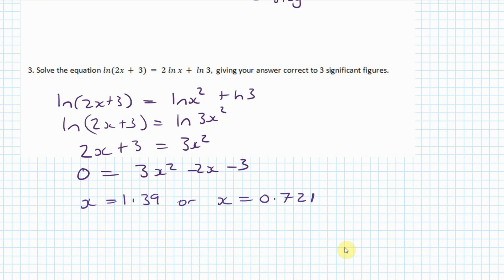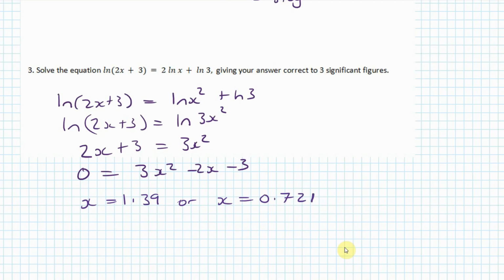Now, what I would do is save those answers, and I'm just going to do a quick check to see that they work. So let's use the first one.